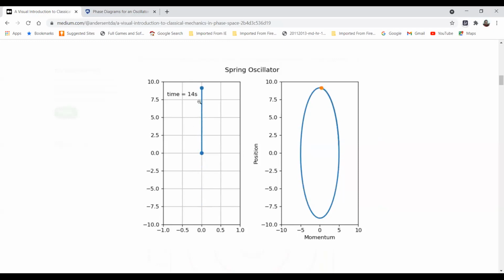Undamped means it will not stop. It continuously oscillates. Then you will get a perfect circle as a phase space trajectory. So phase space is the coordinate system having position coordinate and momentum coordinate.